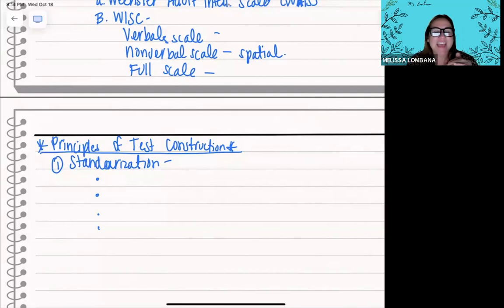And then having meaningful scores that you can compare to the pre-tested group, like the representative sample that you're comparing it to. Now, for standardization, there must be a normal curve, right?